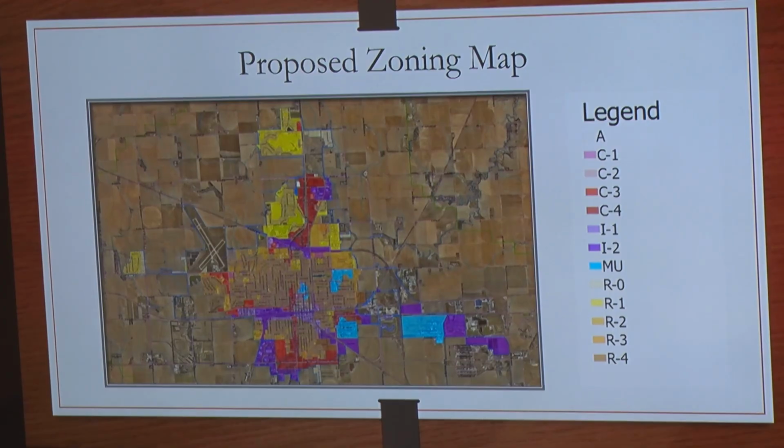Then Kevin and I went through every single property in town and looked at it to determine, does what the computer spit out actually make sense for that property? And so this is the map we came up with from that.